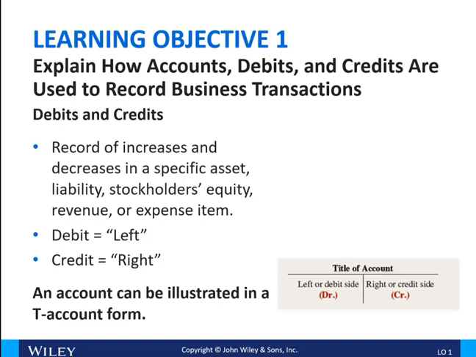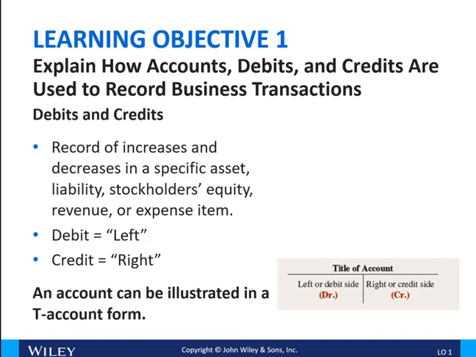Debits and credits record increases and decreases of a specific asset, liability, stockholders' equity, revenue, or expense item. Okay, I don't have a good definition of what debit and credit is, but the key thing to remember is debits are on the left, credits are on the right.